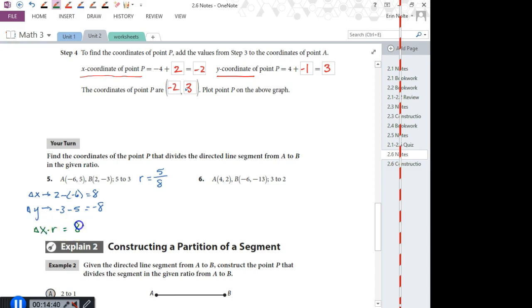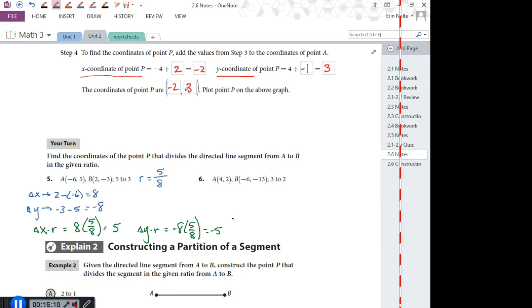That would be 8 times 5/8. It's 5, because the 8's cancel. And if I do my change in y times my ratio, negative 8 times 5/8, that's negative 5. Okay, so now I have the number that I'm going to add to my point A.